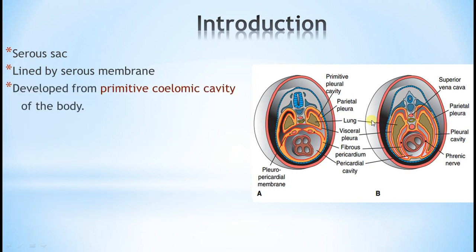Okay, now here, from where actually is this membrane developed? As I told you, basically all the cavities of our body are derived from the coelomic cavity. Initially they start with a space which is called the coelomic cavity, and certain structures invade.